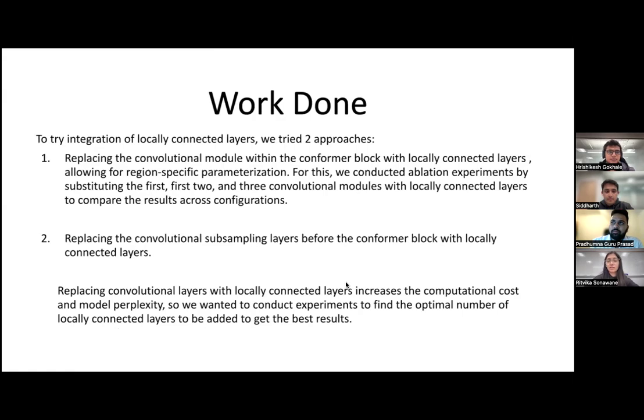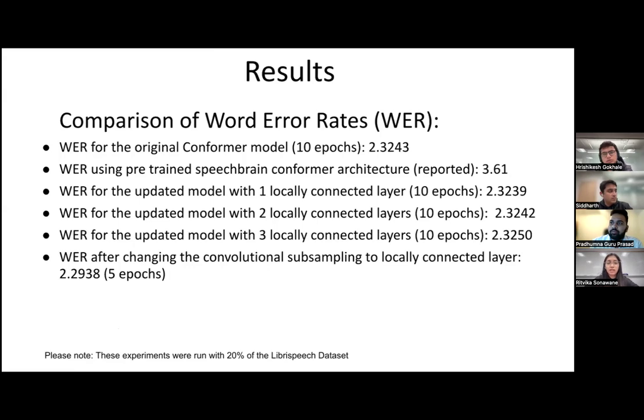Speaking of the work done, as previously mentioned, we tried two approaches. One was replacing the convolution module within the conformer block, and another was replacing the convolution subsampling that is present before the conformer block. When replacing the convolutional module within the conformer block, we tried with 1, 2, and 3 of these.